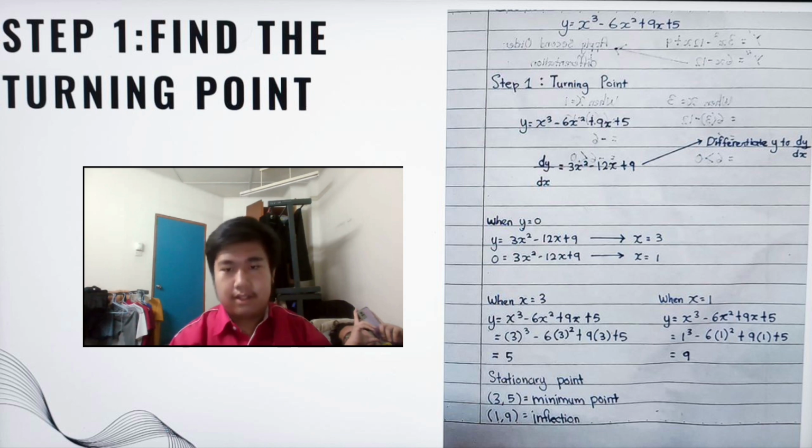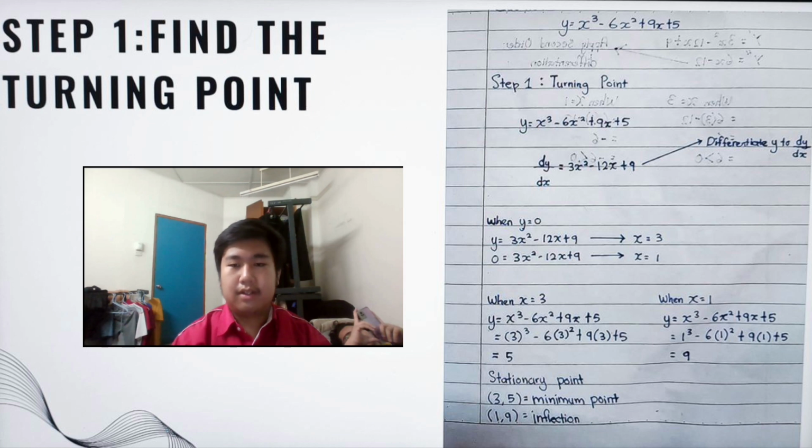After that, we substitute these values into the first equation. When x equals 3, the equation becomes 3 power of 3 minus 6 multiplied by 3 square plus 9 multiplied by 3 plus 5. The value that we get is 5.